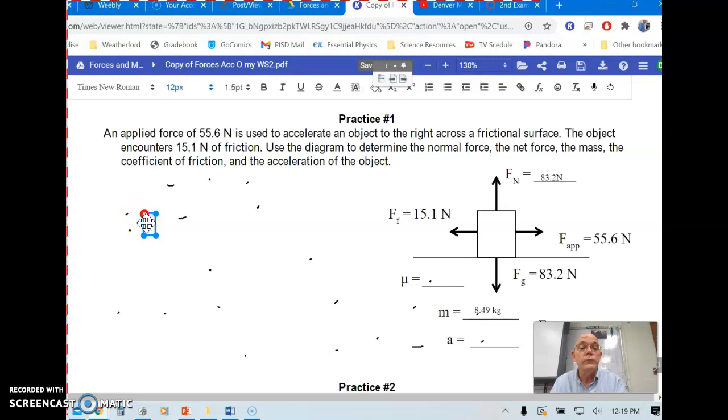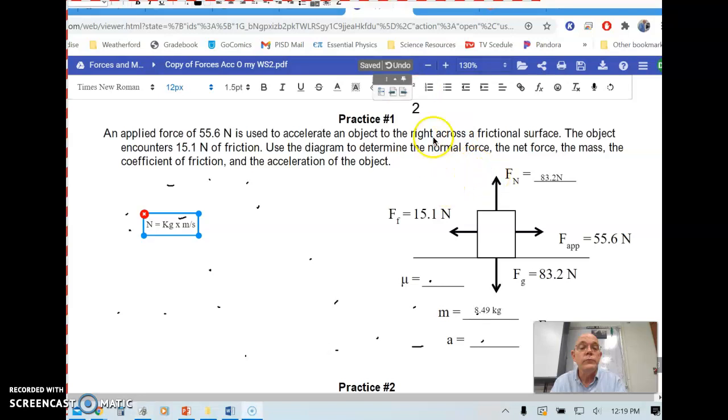Now, just for the purposes of canceling things, we need to know that newtons are equal to kilograms times meters per second squared. I'm not sure why that went up there, but anyhow, it should be meters per second squared here.